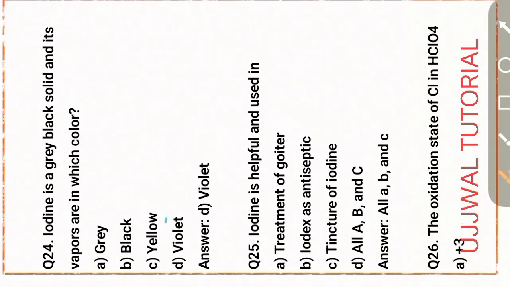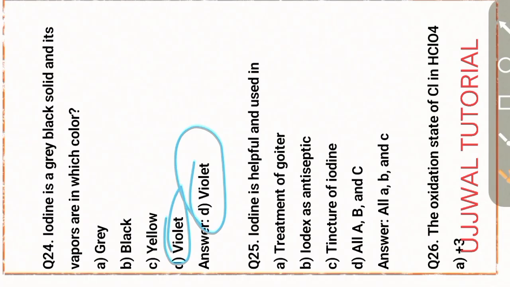Question number 24. Iodine is a grey black solid and its vapors are of which color? Option D, violet. Okay, option D is the right answer, violet. Next question, question number 25.